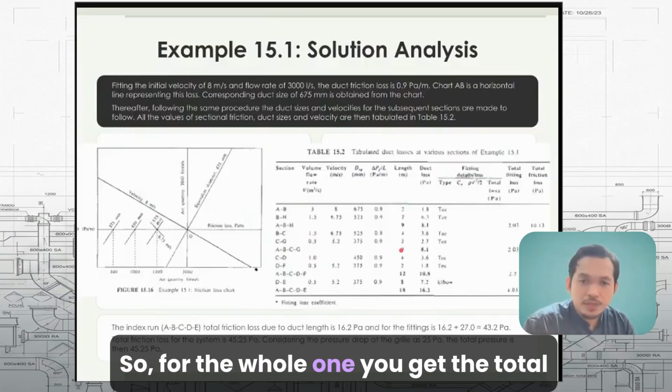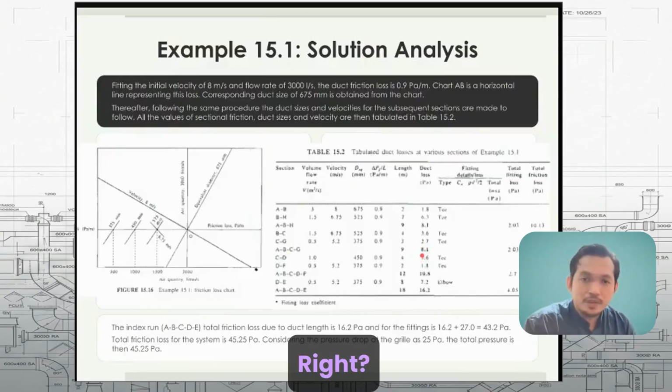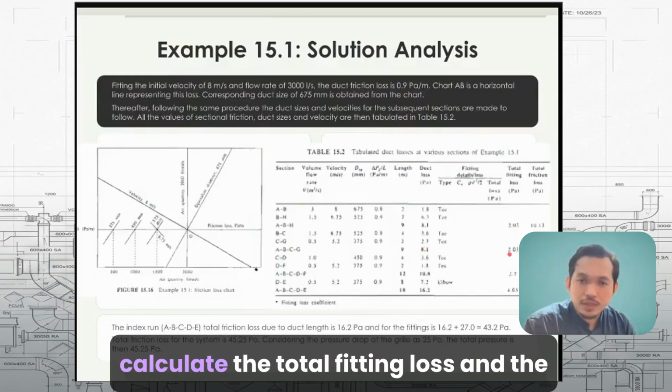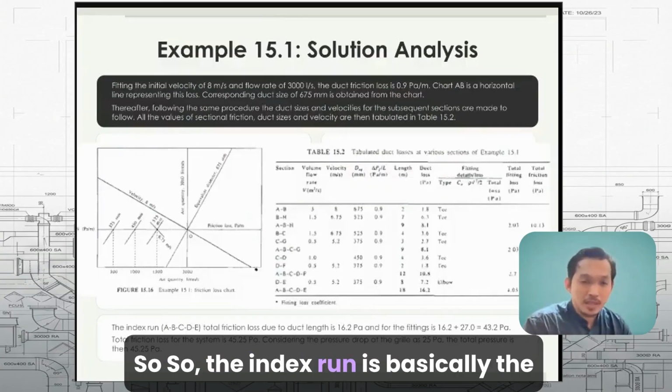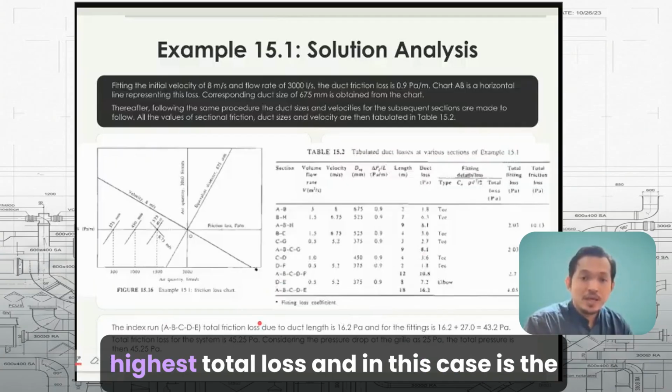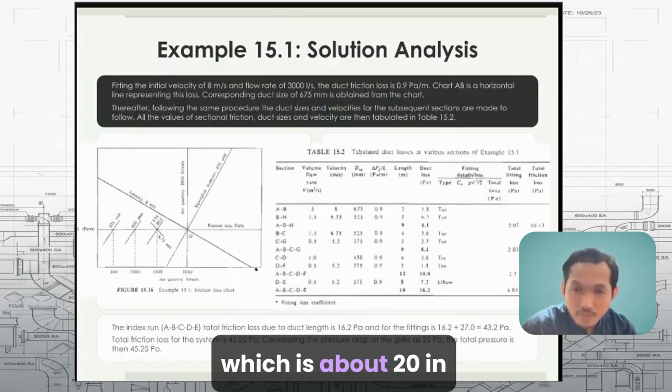So for the whole run, you get the total length and the total duct loss, right? And then from the total duct loss, you can calculate the total fitting loss and the total friction loss. So the index run is basically the highest total loss, and in this case it is ABCDE that has the highest loss, which is about 20.